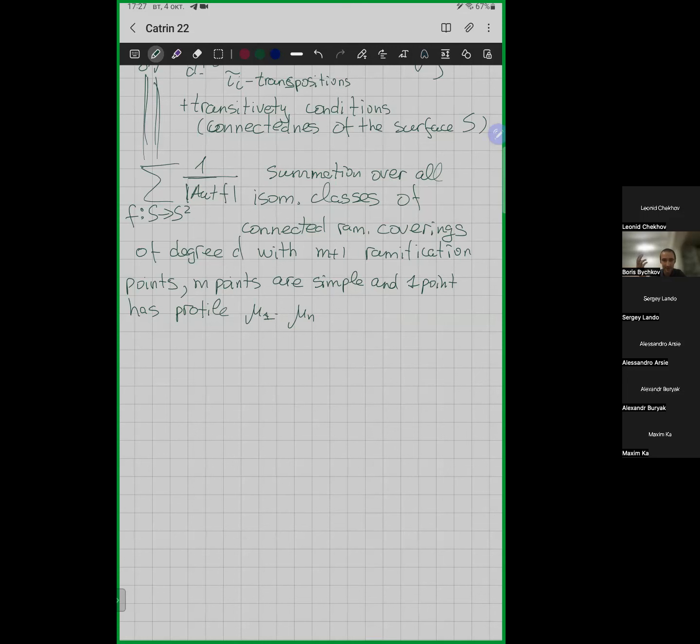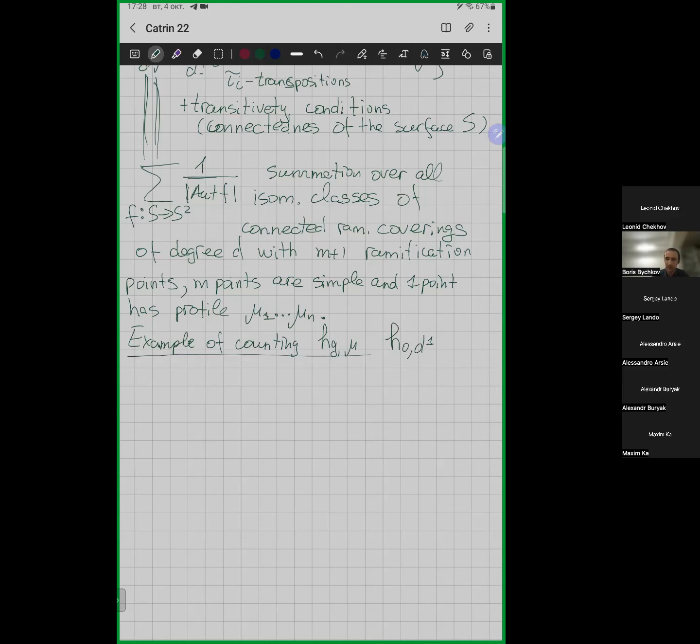As a nice example of counting Hurwitz numbers, I would like to present the following. Let me count H_{0,(d)}.